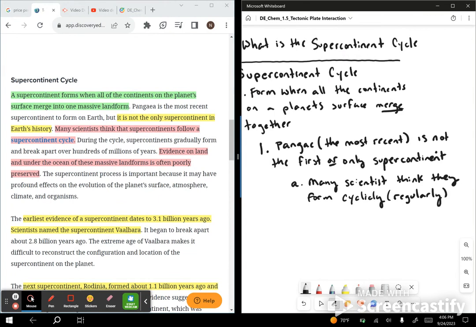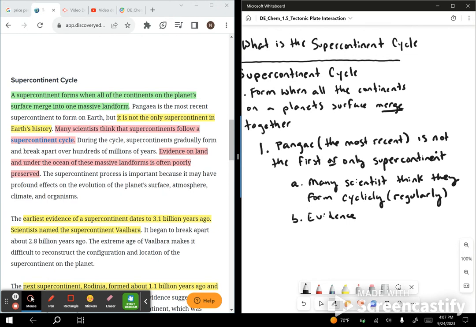Now, here's an interesting point here, and you can see I've jumped down and highlighted: evidence on land and under the ocean of these massive landforms is often poorly preserved. So even though we have this idea that we've gone through several supercontinent cycles, because of plate tectonics and the rock cycle, a lot of the lithosphere is recycled, and so a lot of the evidence is actually destroyed as rock subducts and it melts.